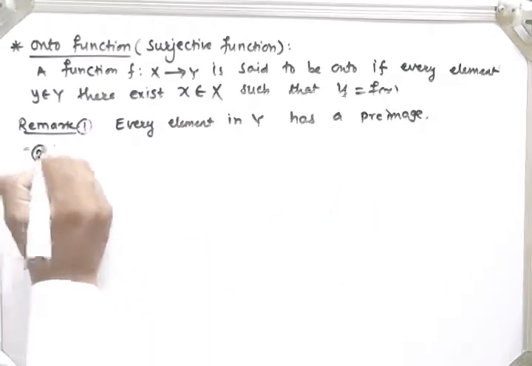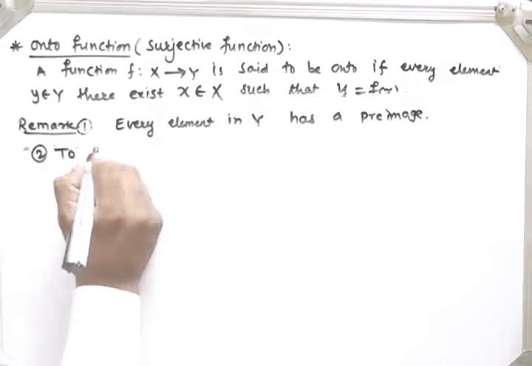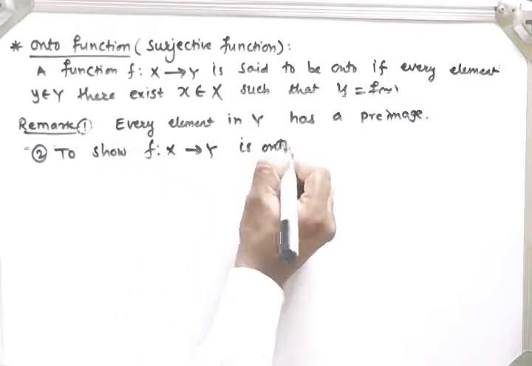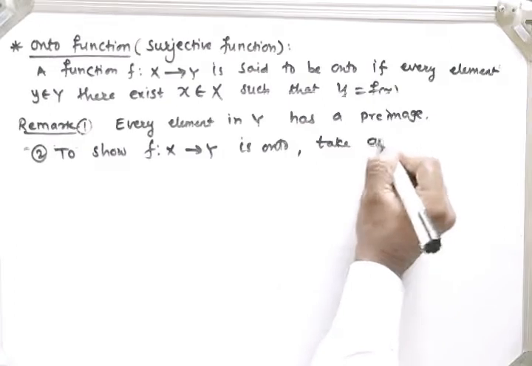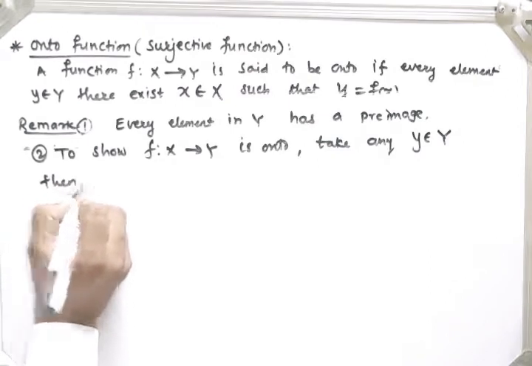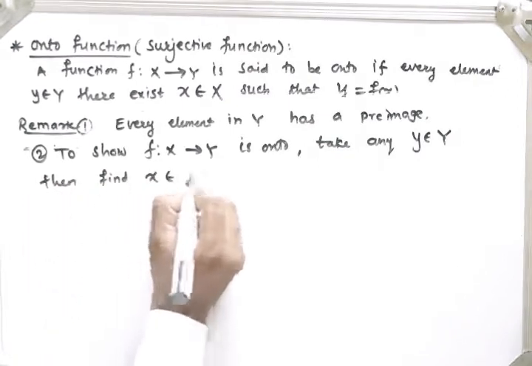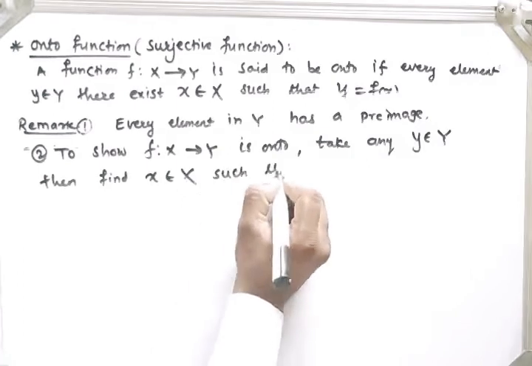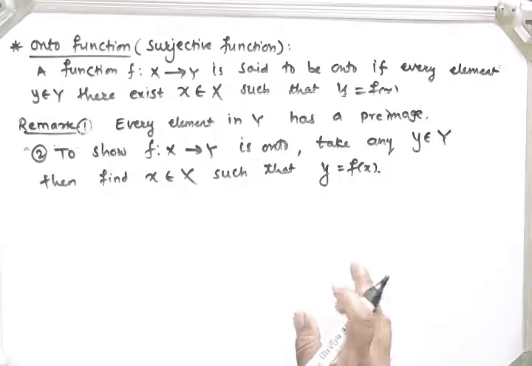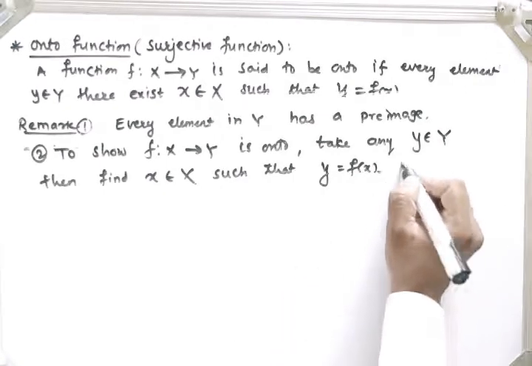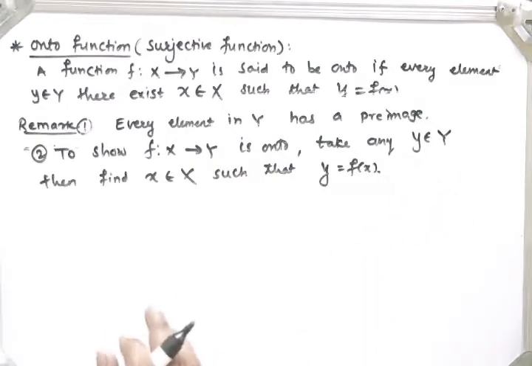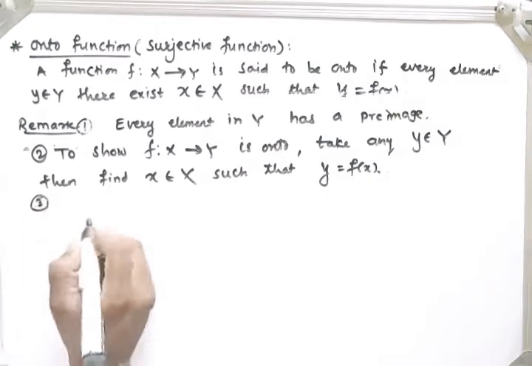Or second remark, to show f from X to Y is onto, take any y belongs to Y, then find x belongs to X, such that y is equal to f of x, and solve this for x. Find x belongs to X such that y is equal to f of x, then we say that function is onto.